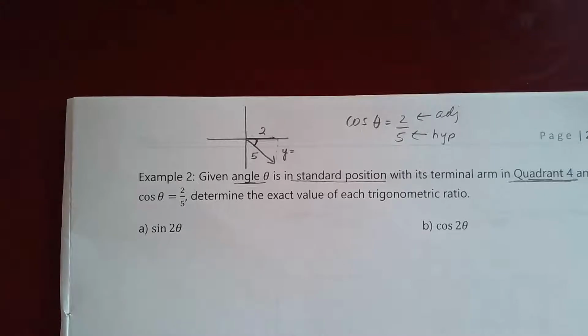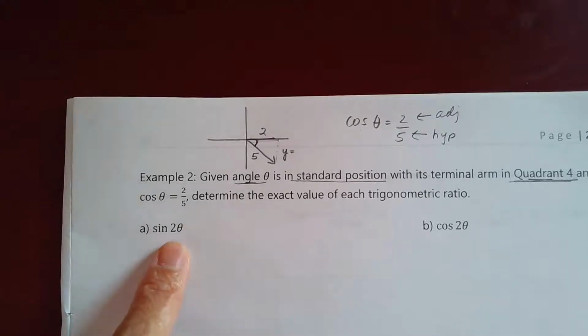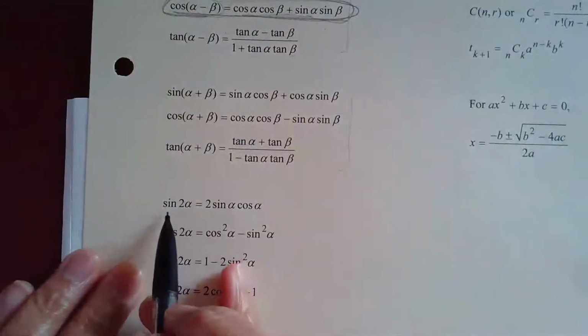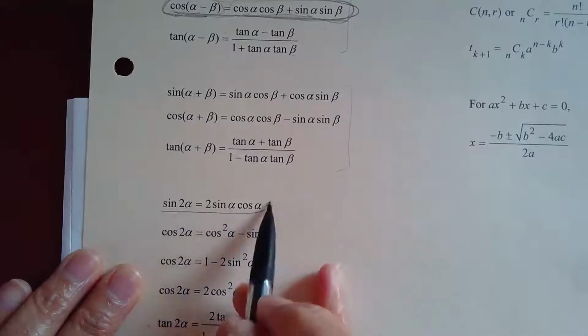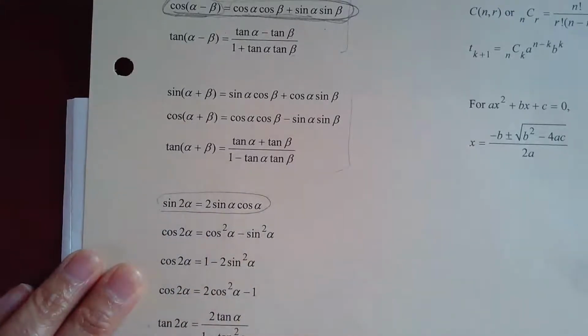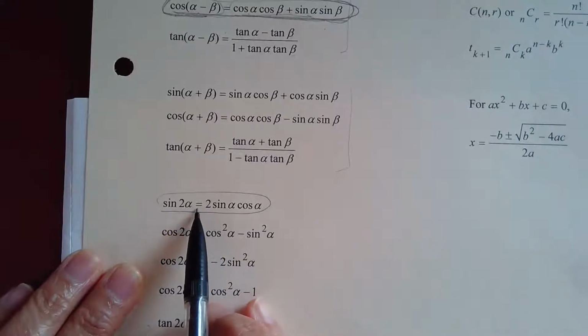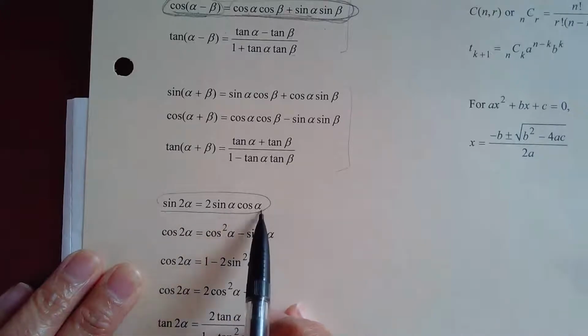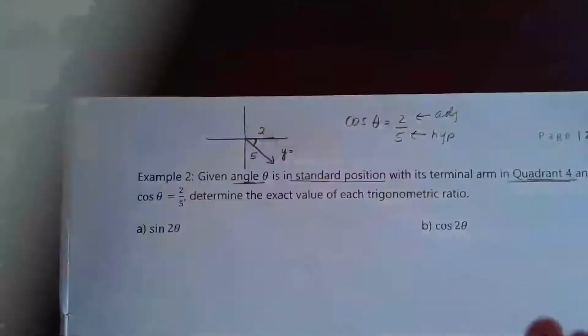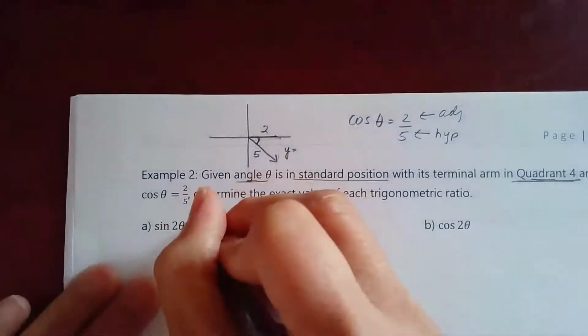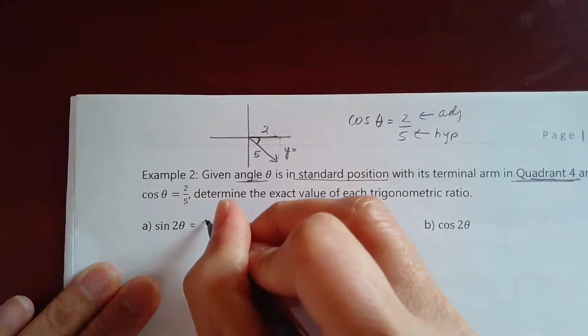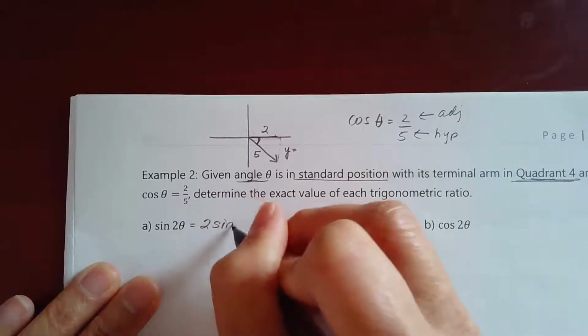Now, sine 2 theta. We're going to use the identity. This is the only sine 2 theta function in here, right? The identity: sine 2 alpha is equal to 2 sine alpha times cos alpha.